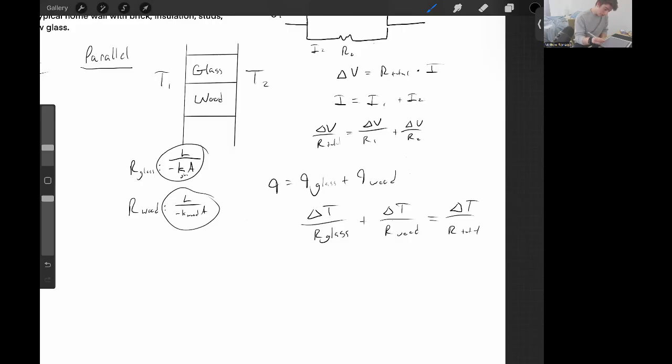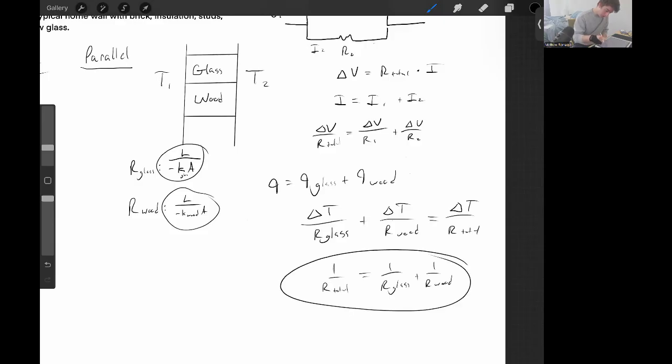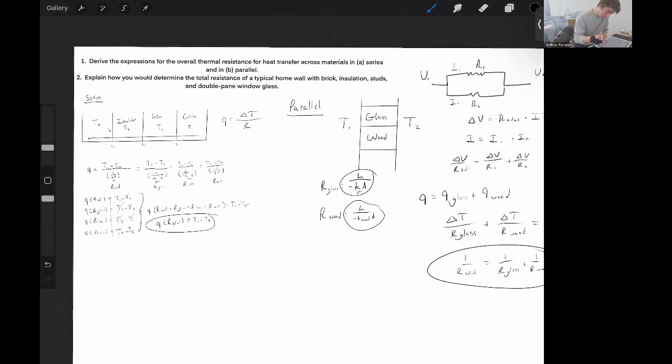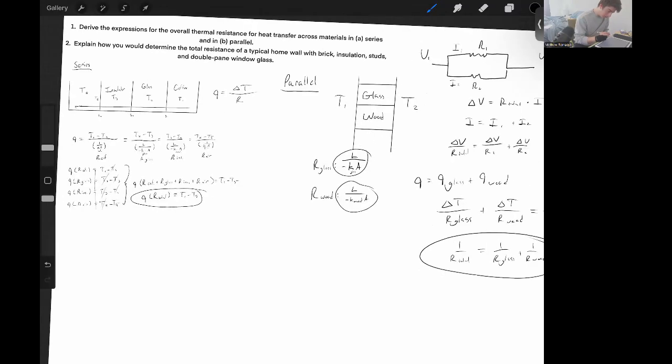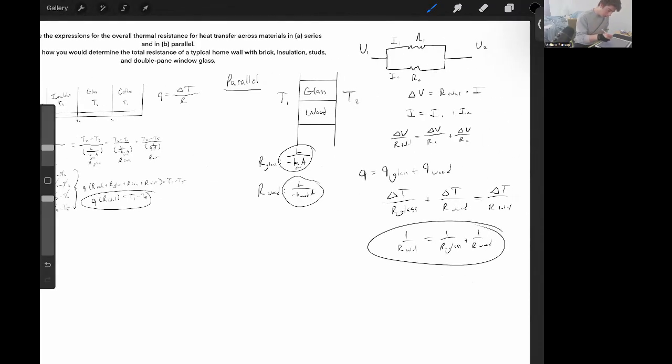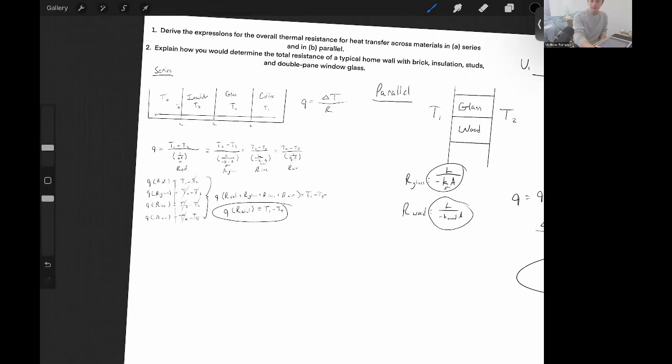And now we can express this and finally get our expression: 1 over our total equals 1 over our glass plus 1 over our wood. So now we have both expressions of overall thermal resistance for both a parallel and a series.